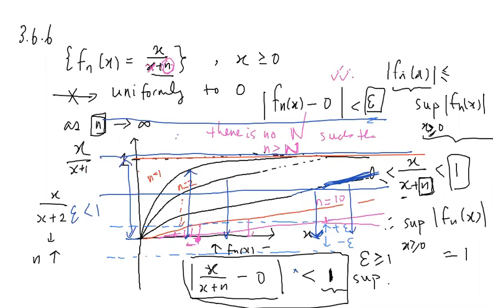Then you have theorem 3.6.1. This is an important property of uniform convergence. Why we study uniform convergence is because of the following.